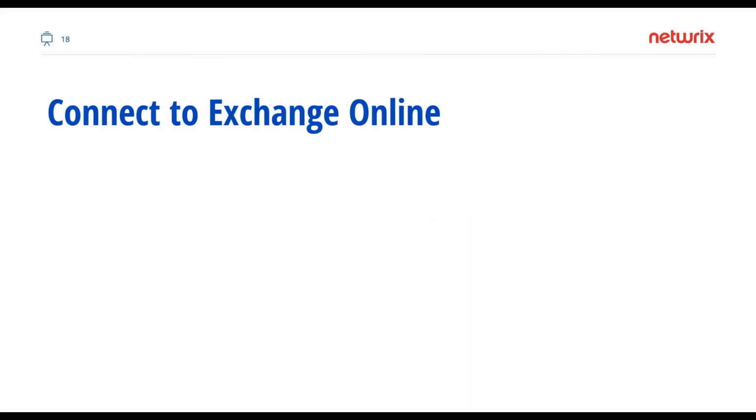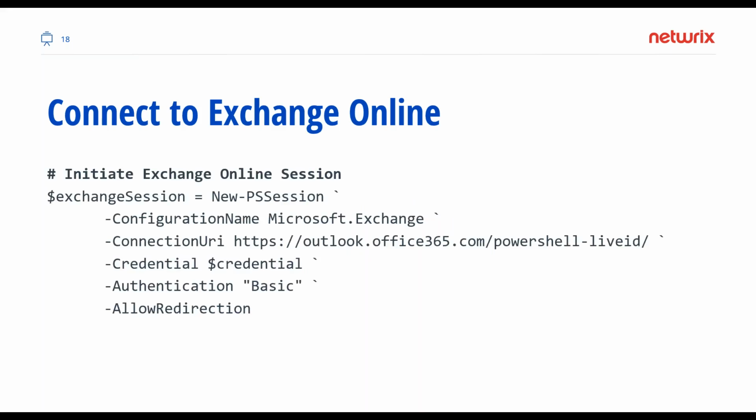So to connect to Exchange Online, the standard way of connecting is by utilizing what's called New-PSSession. Now, this is the way that historically you would do it and the way that Microsoft would tell you to do it, outside of the fact that they're now adding, obviously, their Exchange downloadable module.